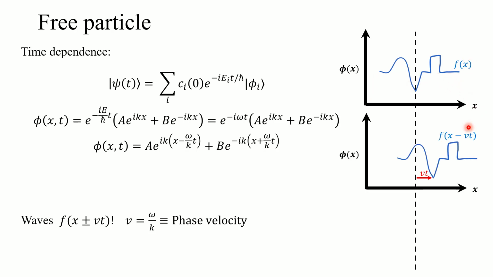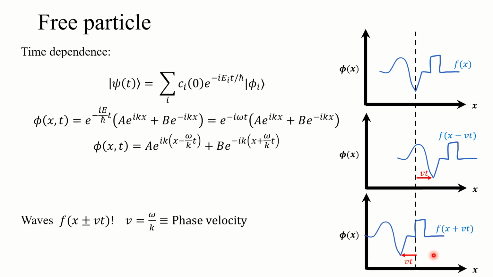If we shift the argument by negative vt, we shift it to the right. If we shift it by plus vt, we shift it to the left. This is for an arbitrary function of x. If we replace x with x plus or minus vt, we get waves traveling to the left or the right. So our energy eigenfunctions are made up of two terms: a wave moving to the right when it's minus, and a wave moving to the left.